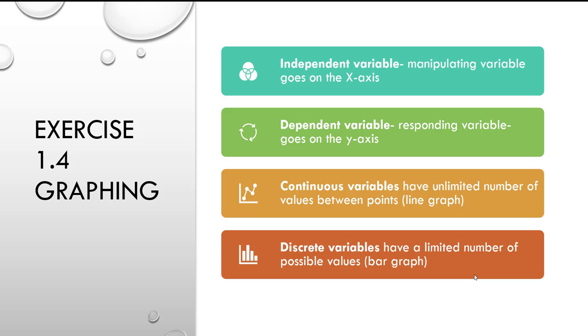There's no bunny dragon hybrids, right? So that's not possible, or a cat dragon. So that would be an example of a discrete variable. Continuous variables, you can have an unlimited number of values in between the points, so you can connect the dots. Discrete variables, you cannot connect the dots. No bunny dragons exist, so no connecting the dots allowed.